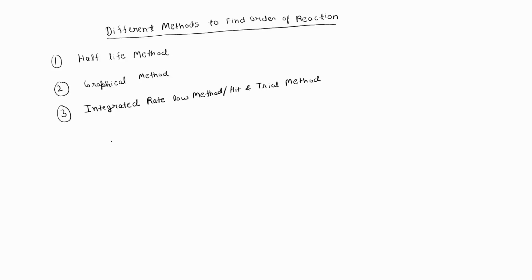For this type of question, which is solved from the integrated rate law, we know the integrated rate law of zero and first order kinetics. And for higher order kinetics, we know the general expression. From the general expression, we can have the integrated rate law of second order, third order, and fourth order kinetics. For this type of question, you will have some data, more than 2 data points.